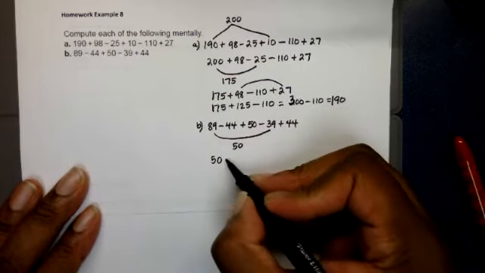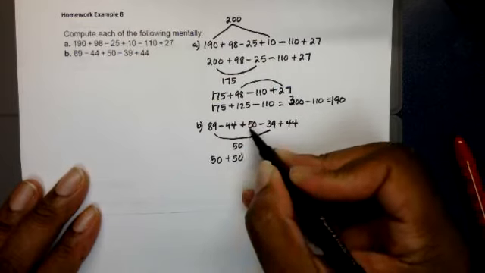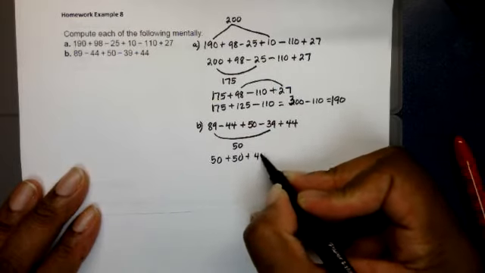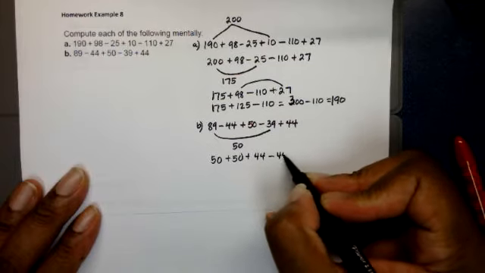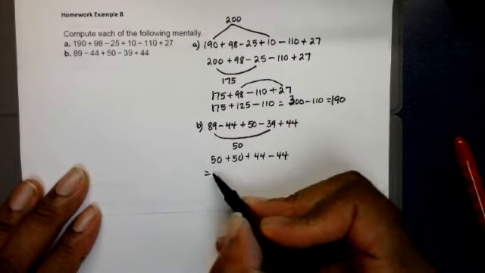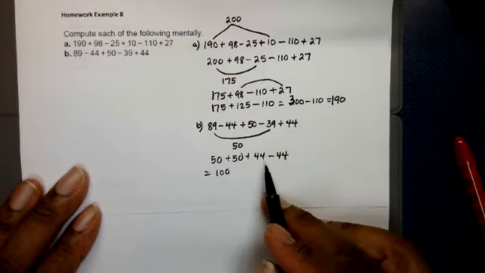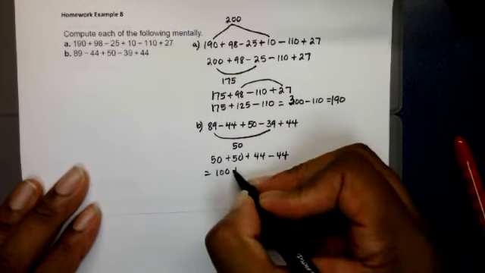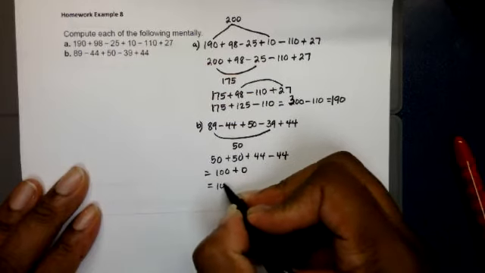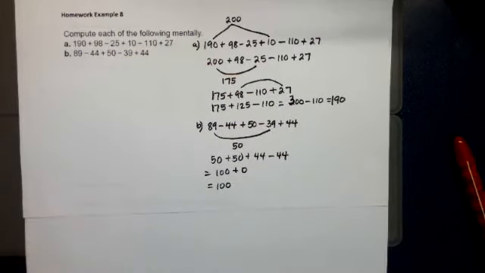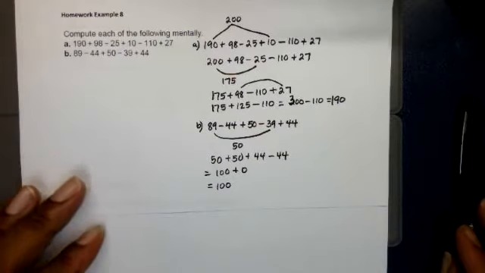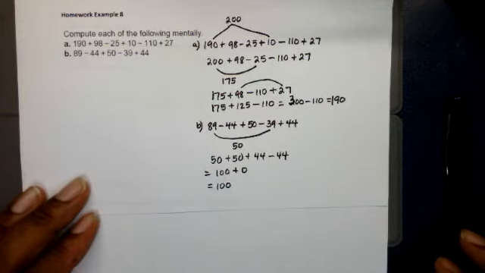Now I'm going to bring down the plus 50 here, and then bring down the plus 44 and then minus 44. Because notice I can add 50 and 50 together, that's 100. 44 minus 44 is 0. And 0 plus 100 is 100. Okay. So this is how you can compute problems like this using mental mathematics.